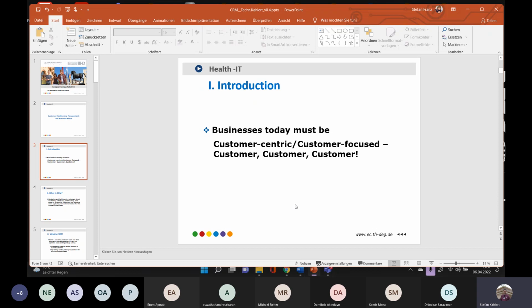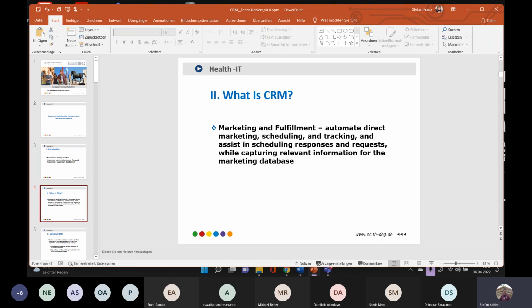But customer relationship management is the biggest portion of any ERP system. So why do you need that? You need to have a view on your client, on your customer, and for this, the CRM tool was created.